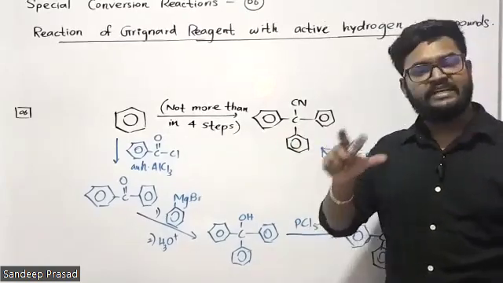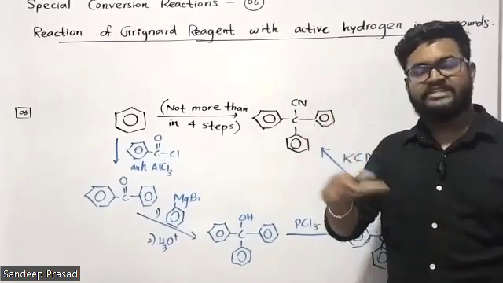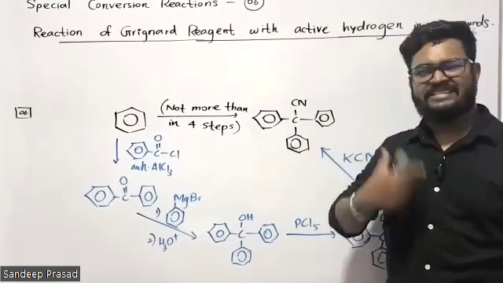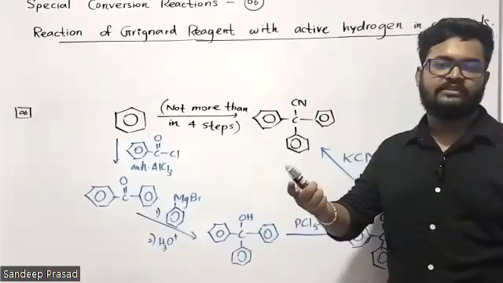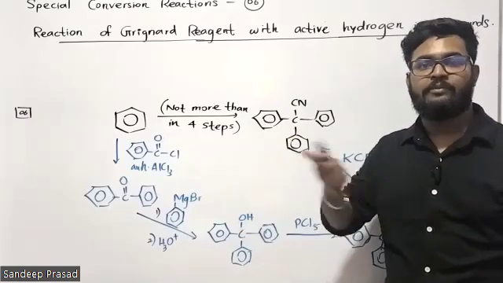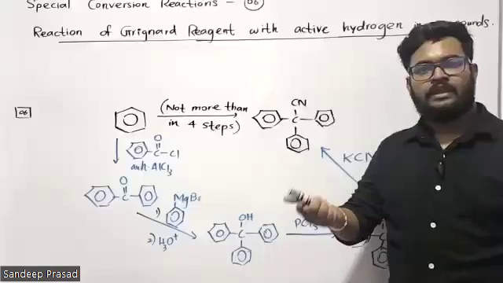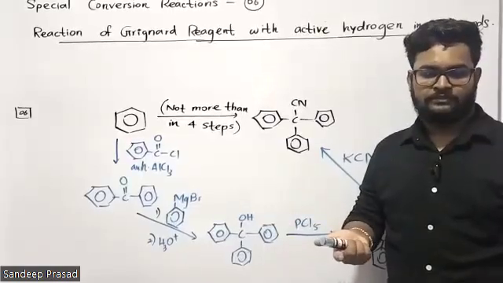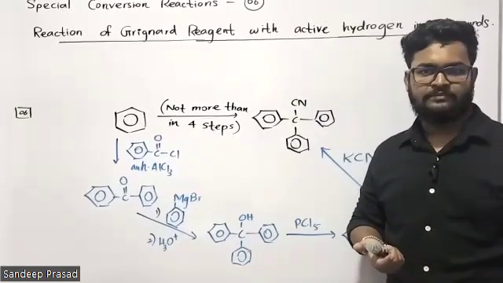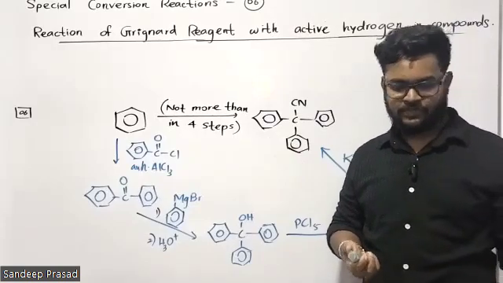If there is a terminal hydrogen, this is a type of active hydrogen, the acidic hydrogen in alkynes. Because it is acidic, it can react with bases: sodium metal, sodamide NaNH2, then ammoniacal copper chloride and ammoniacal silver nitrate. Likewise, we can consider 4 reactions.